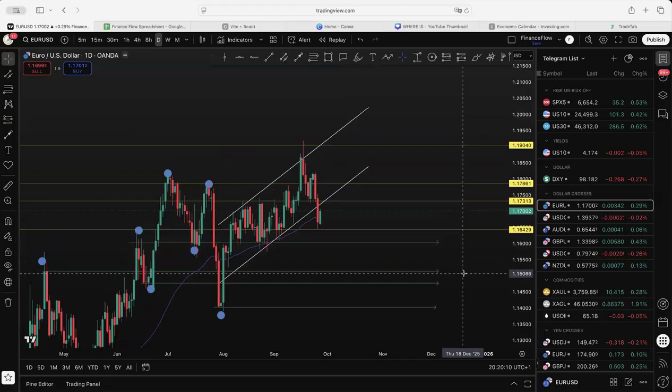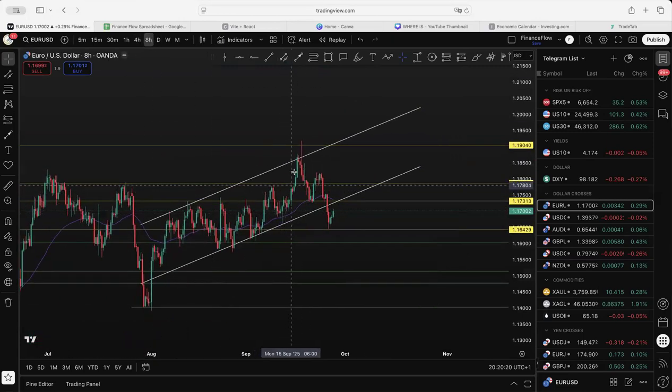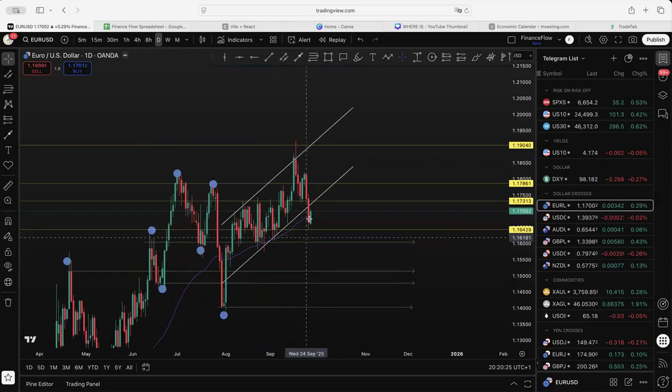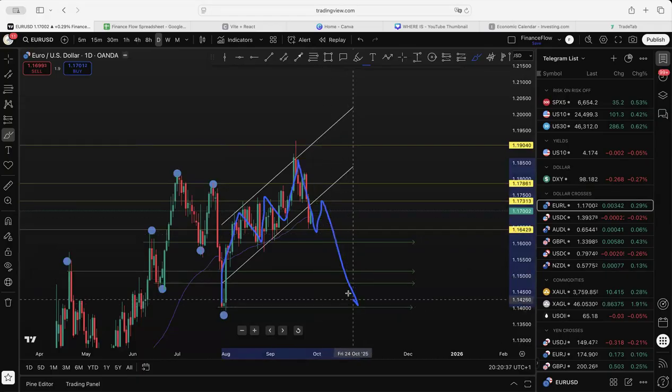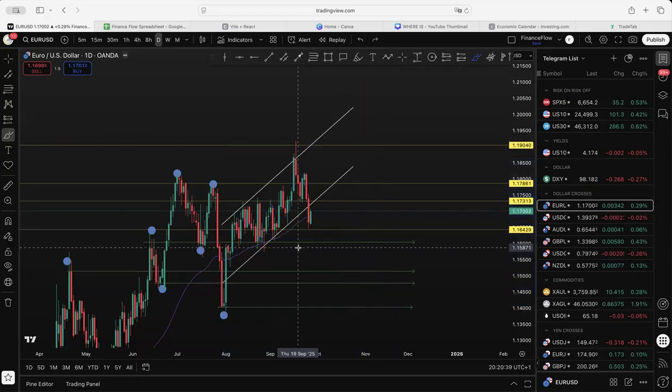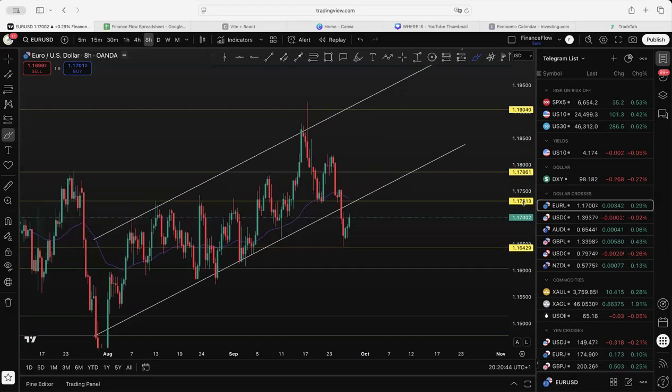If we were looking to trade this to the downside, and I'll explain what I'm looking at in a bit, as soon as we get to the 8 hour and daily, we've had that confirmation. Price was trending this way, as you can see here. Price obviously broke straight back into this channel, and it's been trending in here. Now we've broken through. Technically, from a technical perspective, we should see a push to the downside here.